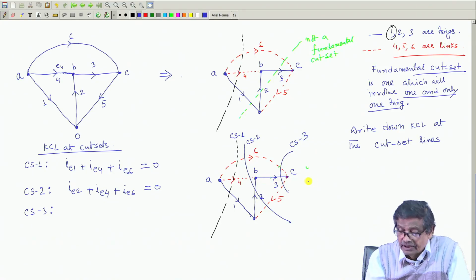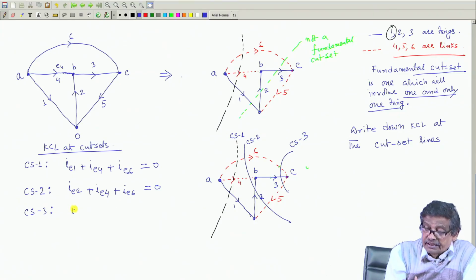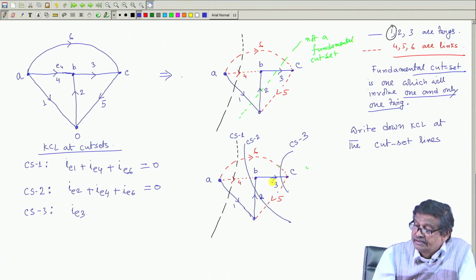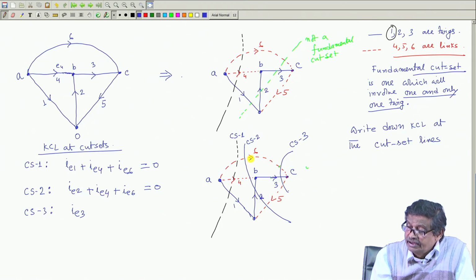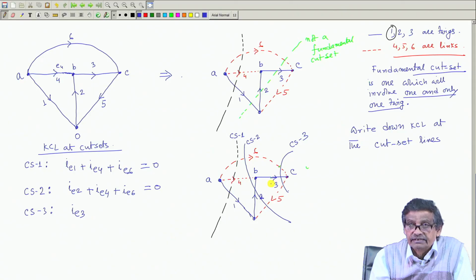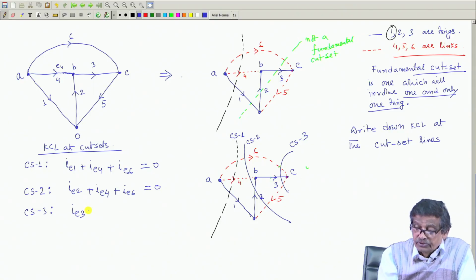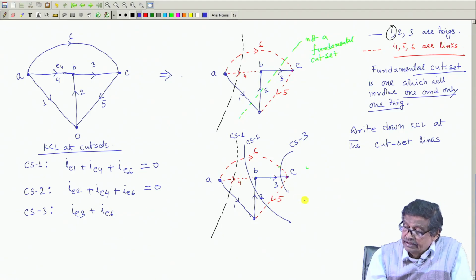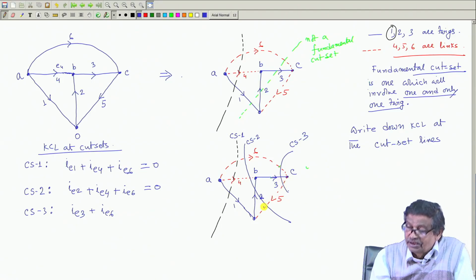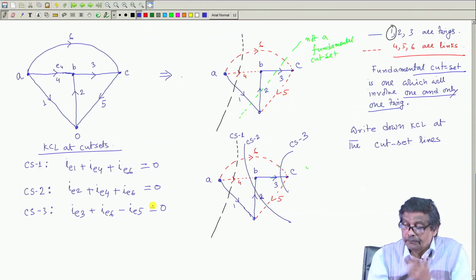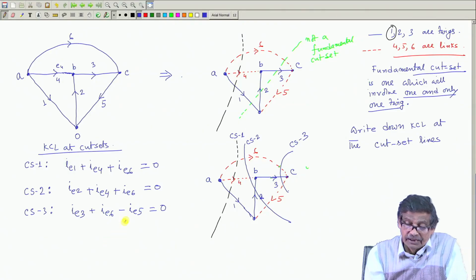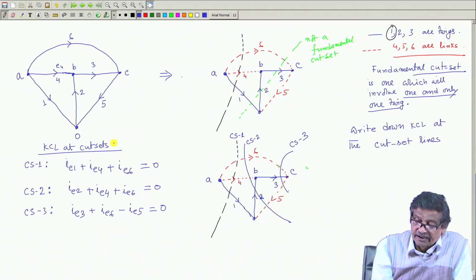From left to right it is crossing, so I will say IE3. What about IE6? It is also from this side to this side as IE3 did, so that will also be plus IE6. And this one is the other way, it is crossing, IE5. So, minus IE5, and that will be equal to 0. Got the point? So, this is the KCL at the cut set.